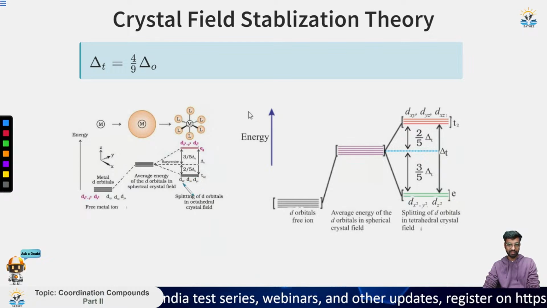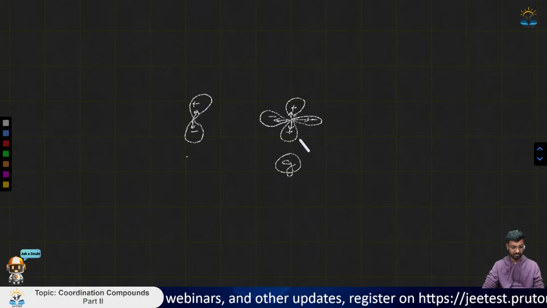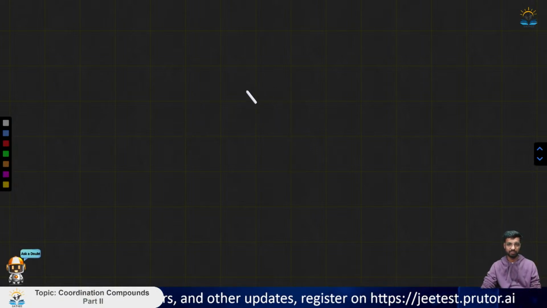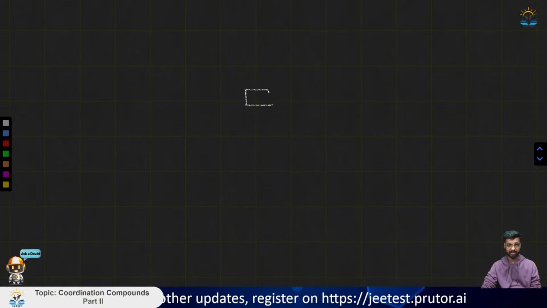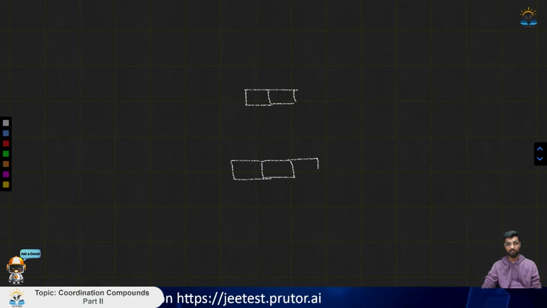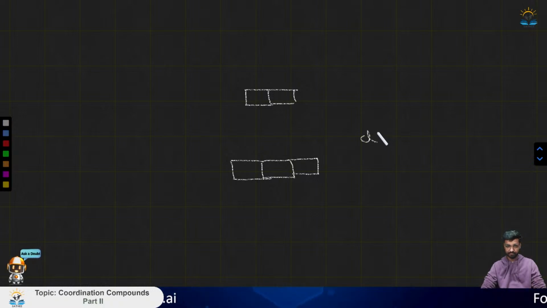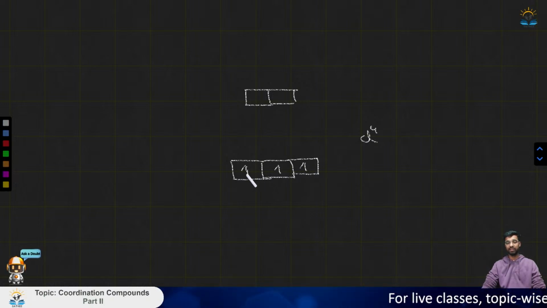Suppose this is the dxy, dxz and dyz. If you draw it here, we have two orbitals on the upside and three orbitals on the downside. Now the case is that if we have a d4 configuration, the electrons start to fill. First we fill the three electrons singly in the three orbitals.